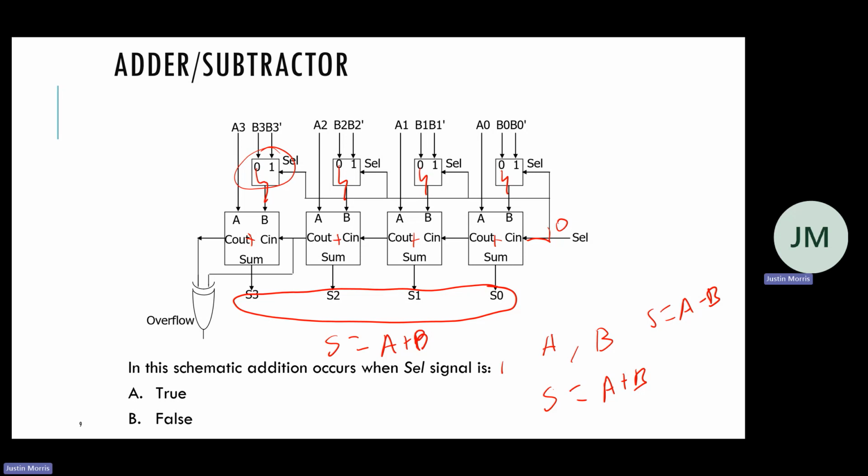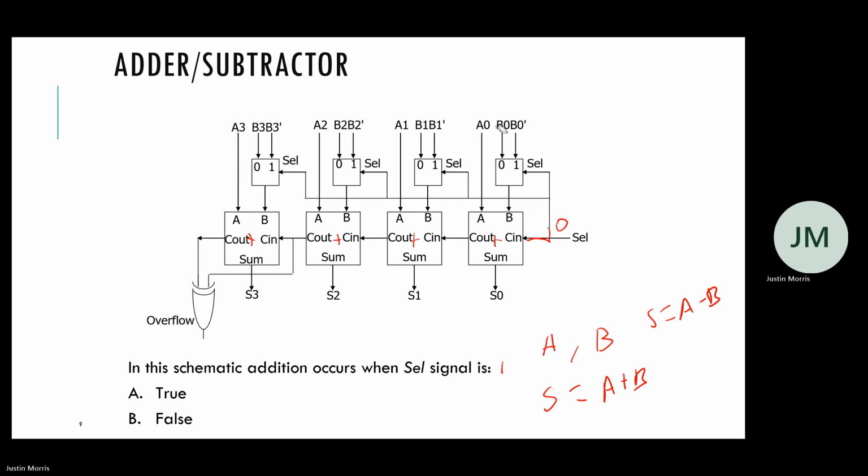Because B was not changed, right? But if select is 1, I invert all of B. And if I'm inverting all of B, that's the first step in negating it, right? Making it negative. And the second step is adding 1. So you add 1 with the carry in of 1.